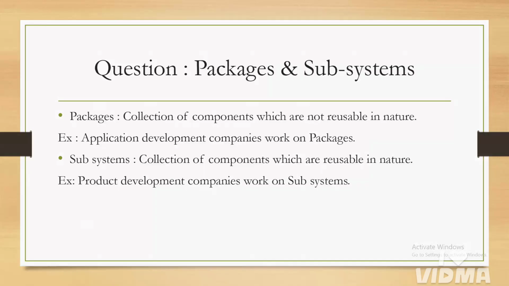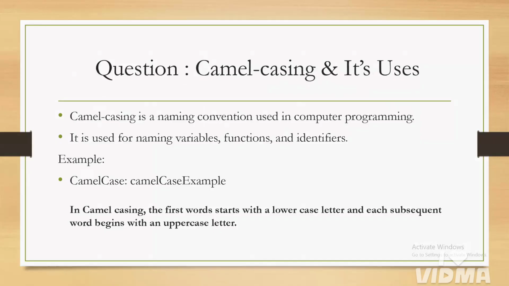And the next one will be camel casing. Camel casing is a naming standard, a naming convention, used in computer programming. It is used for naming variables, functions, and identifiers.